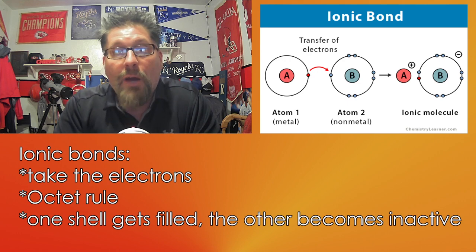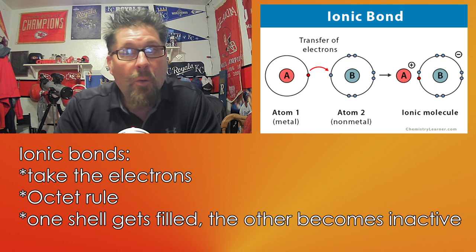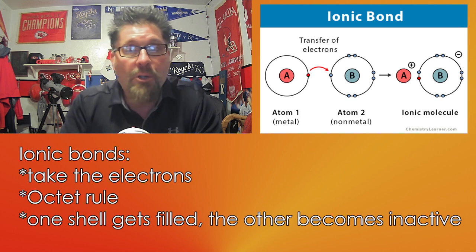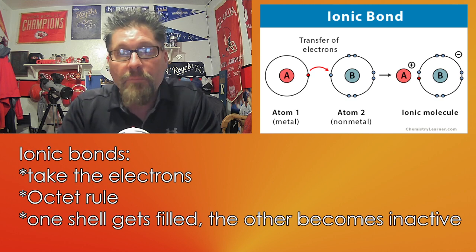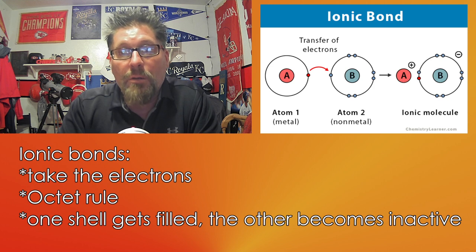Now when we're talking ionic bonds, we are talking about bonds where electrons are taken or gained based on the strength level, the electronegativity level of an atom. And this whole process, just like all bonds, is about filling the outer shell.